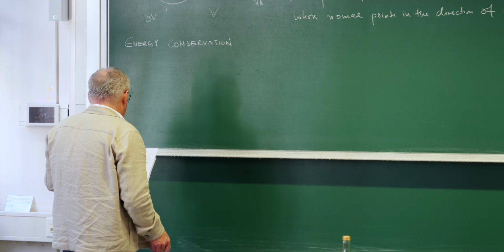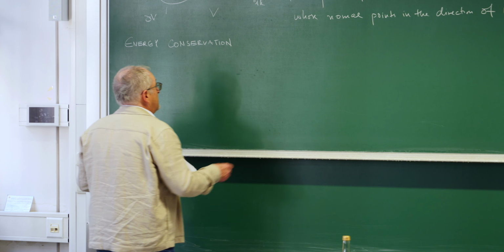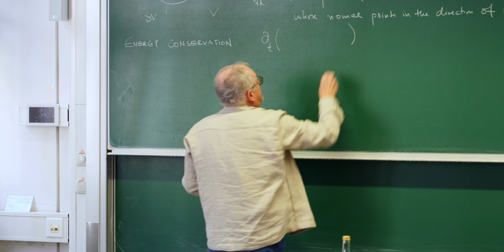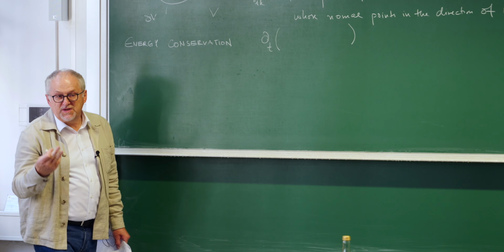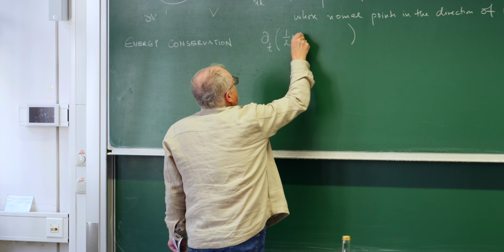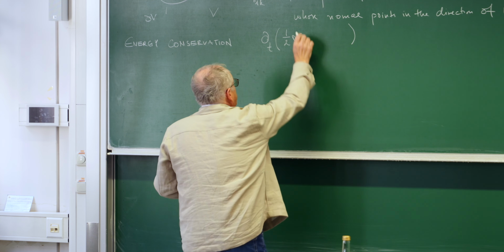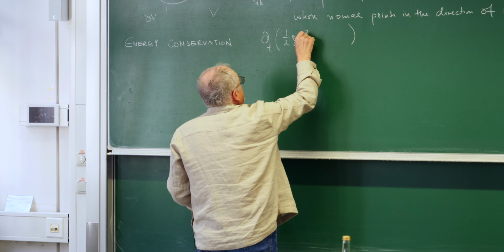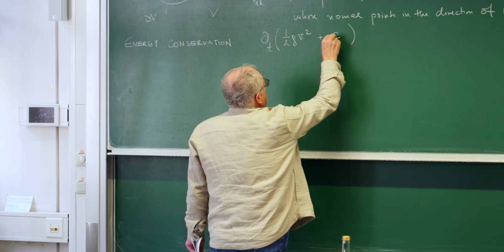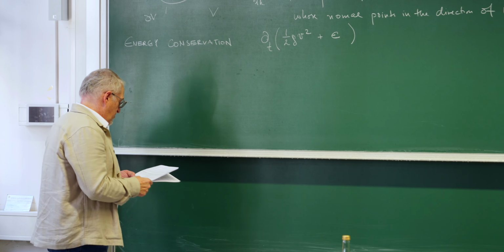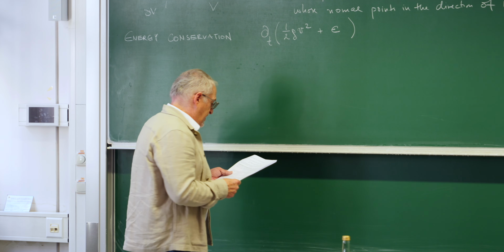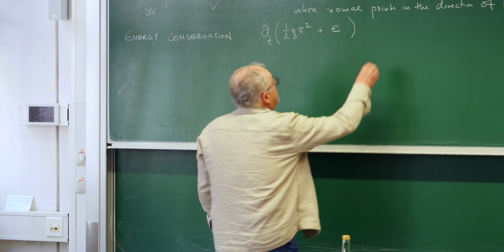So what do we have? No friction still. So we have the temporal change of our density of energy. There are two terms in the energy density. One is the kinetic energy, so it's a half mass density times velocity squared. And then we have the internal energy, epsilon, the energy density per unit mass, that comes in here.